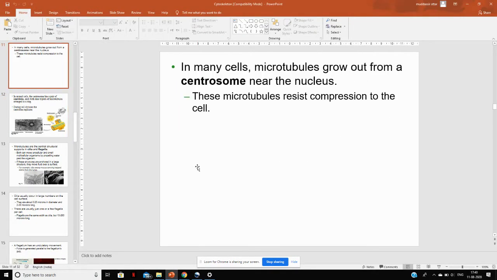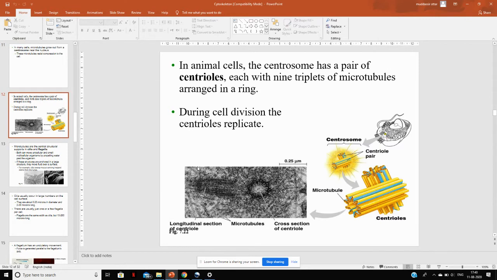Okay, further continuing the same thing, what we are trying to tell here, you can see in the picture depicted on the right side of the slide, a cell in which the centriole pair is elaborated, which is also called a centrosome, and in that, the centrioles are at 90 degrees, tightly packed with each other.